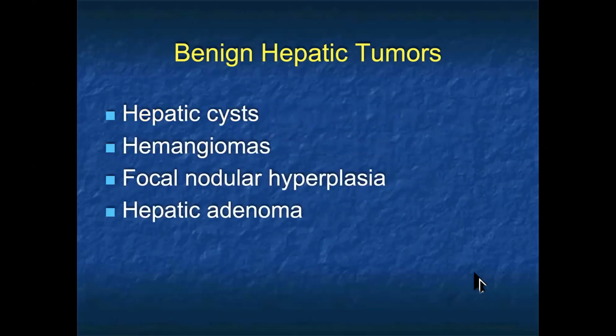If you look at benign tumors, there's really four things I think about: cysts, hemangiomas, FNH, and hepatic adenomas. And I think they're important in this sense, obviously except for hepatic adenoma, which you can consider in some sense pre-malignant. All of these lesions tend to have signatures that can allow you to diagnose them very specifically in most cases.